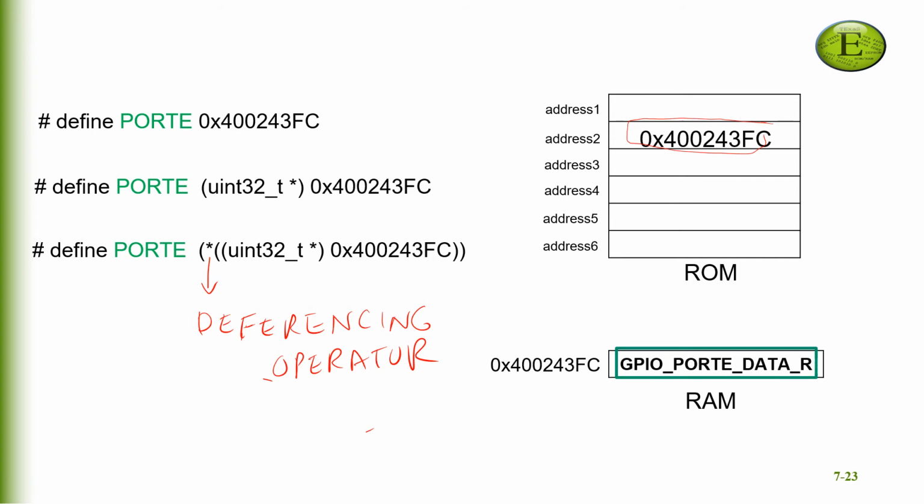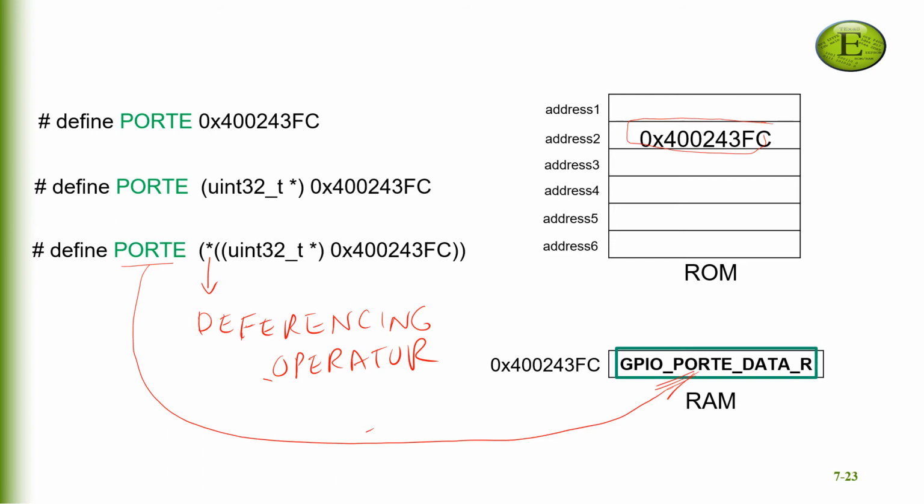What this means is that you revert port E to a normal variable, and in this case the normal variable means the value to which port E was previously pointing to. That is here.